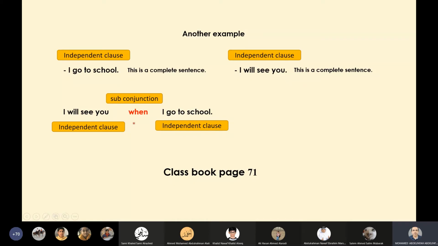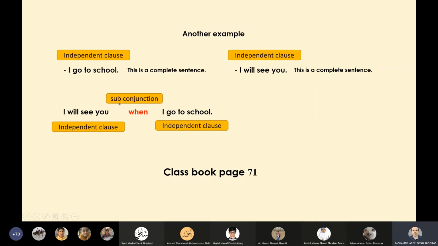I will see you is an independent clause, جملة مستقلة, because it's a complete idea, and I go to school is another independent clause, جملة مستقلة, because it has a complete idea. We can connect these two sentences together using a subordinating conjunction.